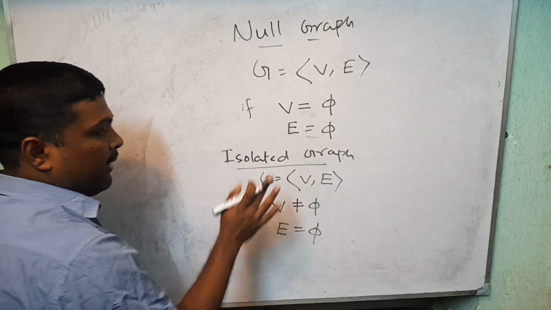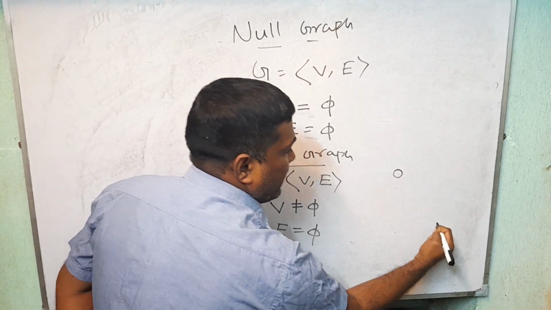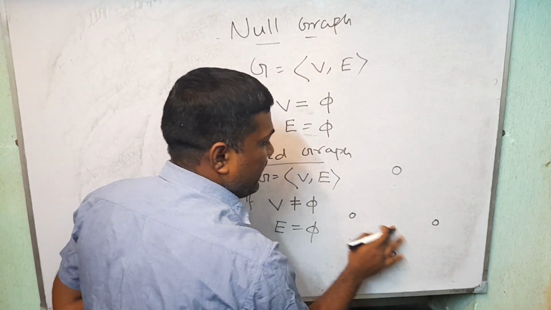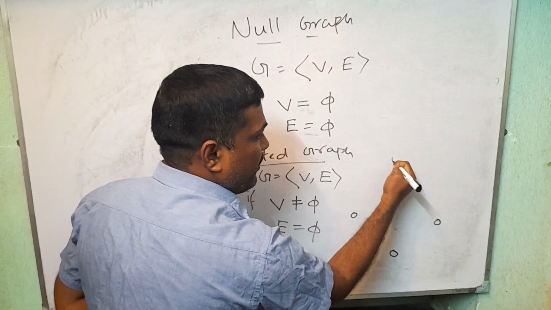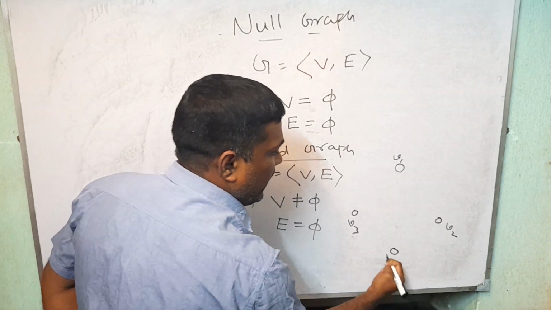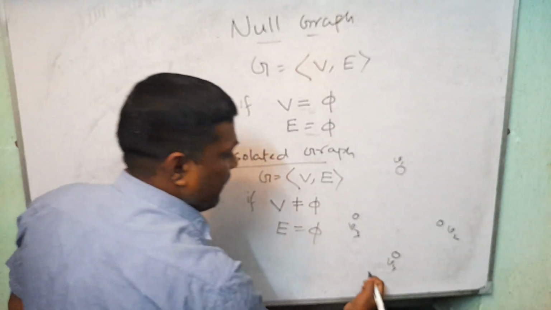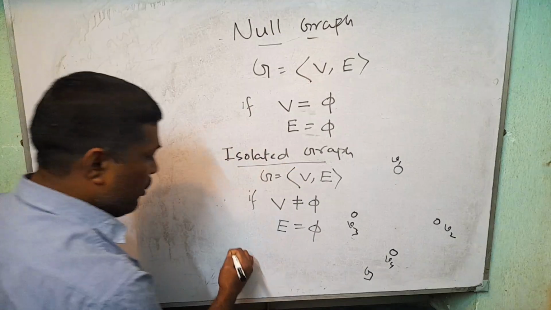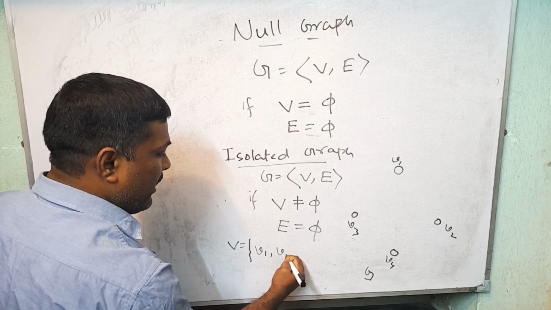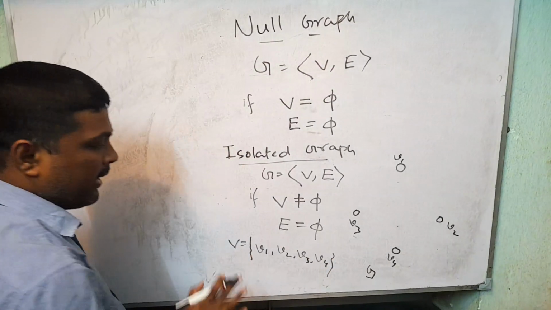See, for an isolated graph, one example. Suppose these are four vertices: V1, V2, V3, V4. There is no edge in this graph. So V equals the set {V1, V2, V3, V4}. This is the vertex set.